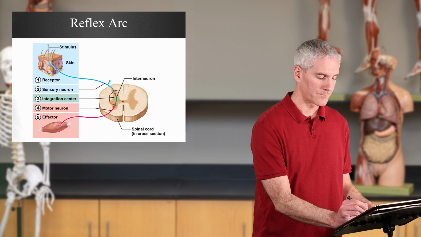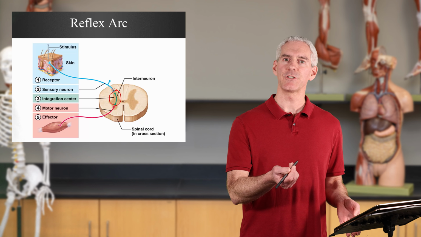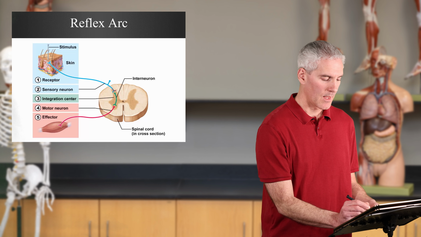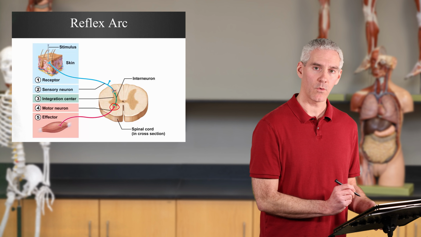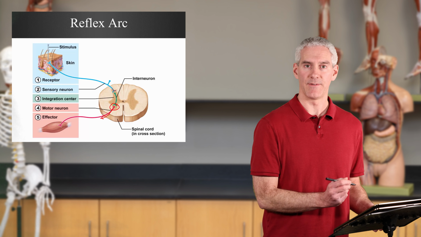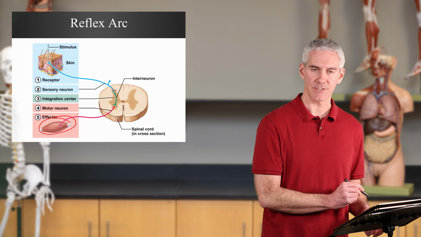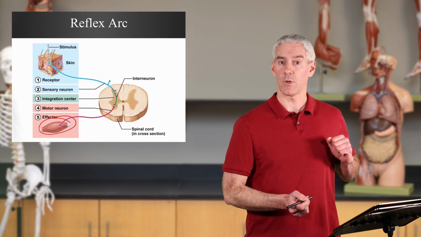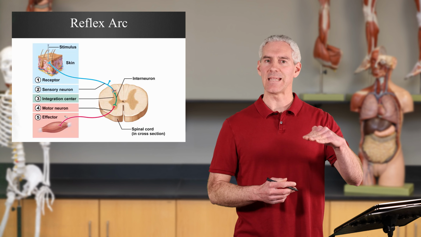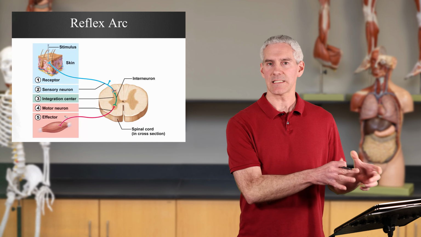The inner neuron is going to help make a decision on what needs to happen and bridge the gap between the sensory and motor. Here in the ventral horn, you're going to have the motor output leaving out the ventral roots, and that's heading down to the effector, in this case, a muscle, which would pull your hand away from the pin. So 5 main steps in a reflex arc. Now, that's the basic idea.